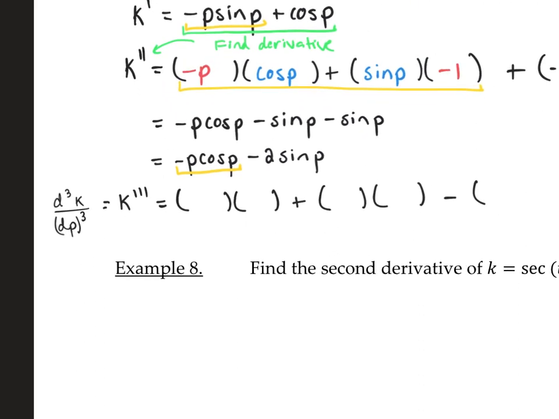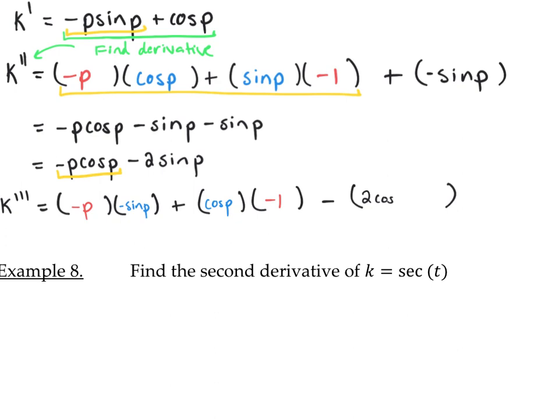So again, we go with first, minus p, derivative of cosine, negative sine p, plus second, cosine p, derivative of first, negative 1, and then our very last term is our derivative of negative, or 2 sine p, because I've already got the negative there. So the derivative of 2 sine p is 2 cosine of p.